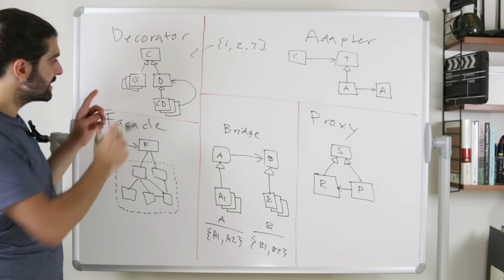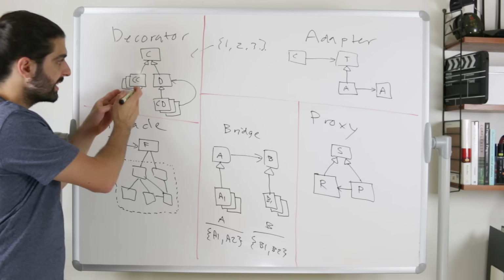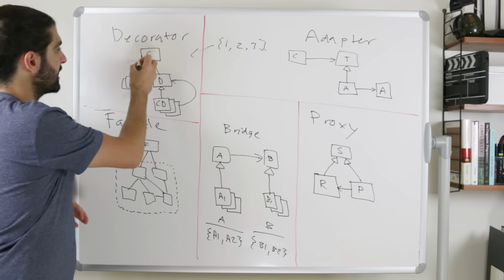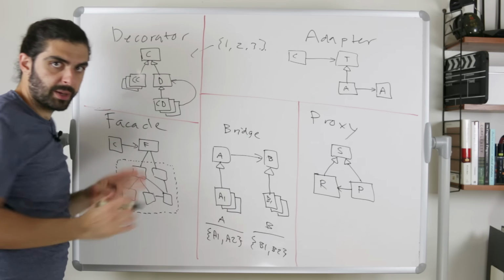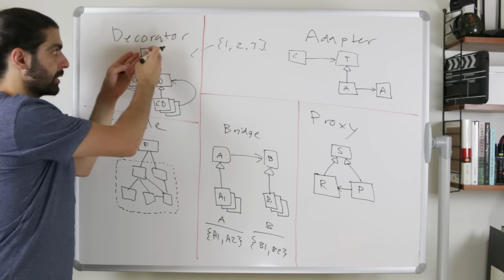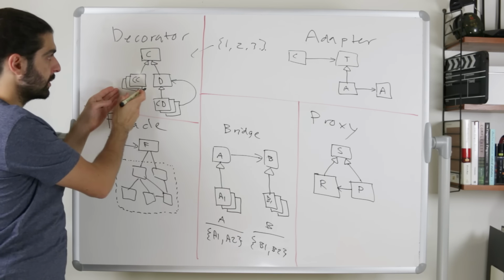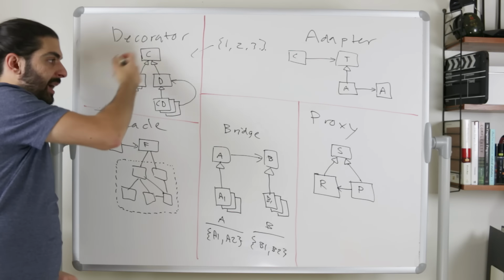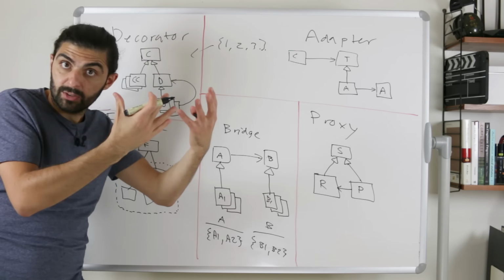But the difference here is that the concrete component and the decorator both implement the same interface. They are both components, right? Think about it. Concrete decorators are decorators and decorators are components. And the concrete component is also a component. So that means that everything here in this pattern shares the same interface.